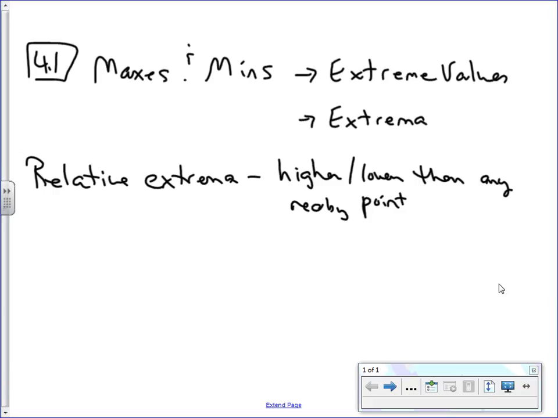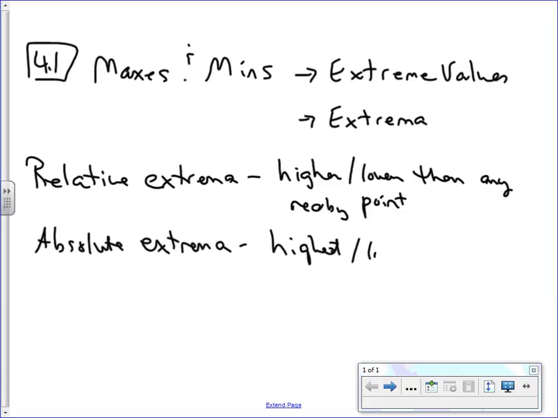The formal definition is more complicated than that, but that's good enough, okay? And then we have absolute extrema, which is the highest or lowest on the entire graph, on the entire function or entire graph.